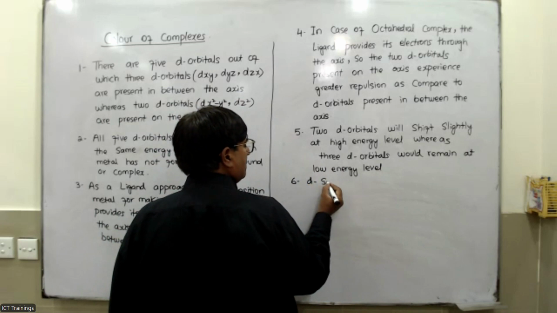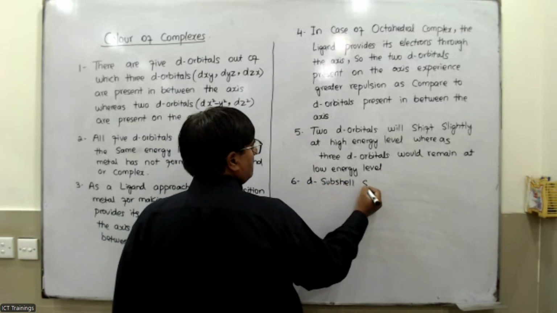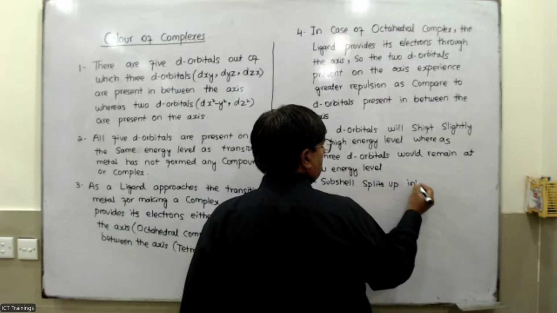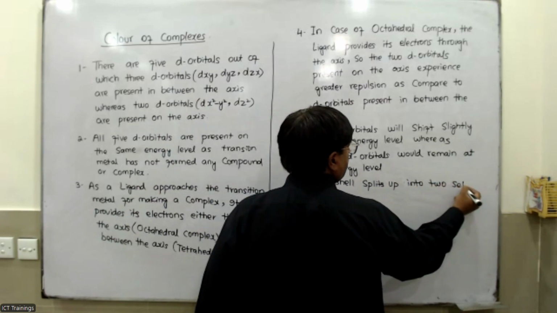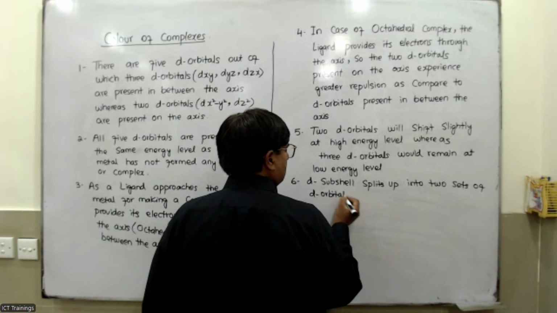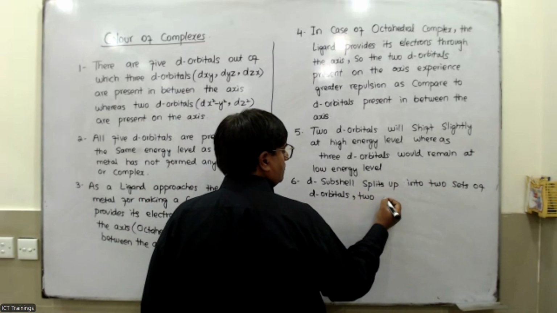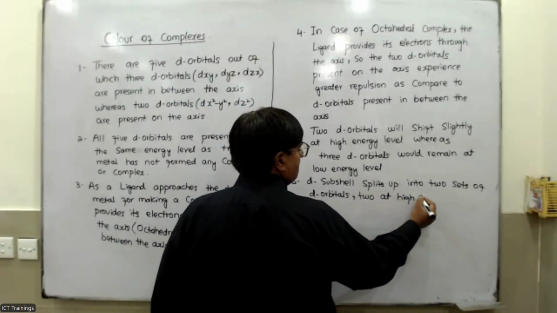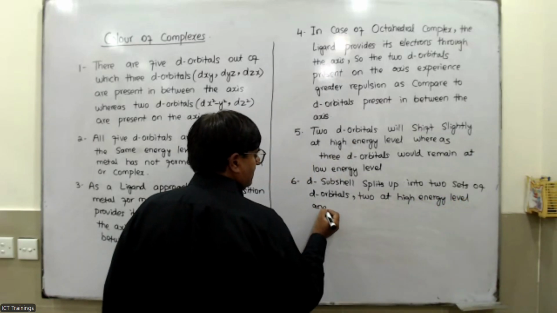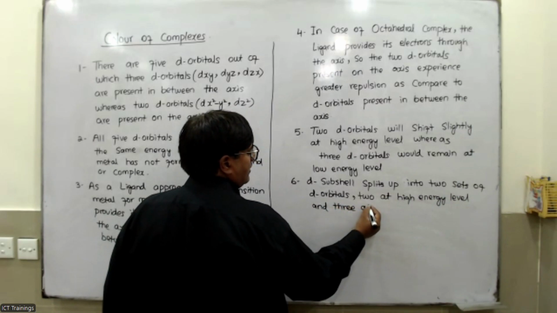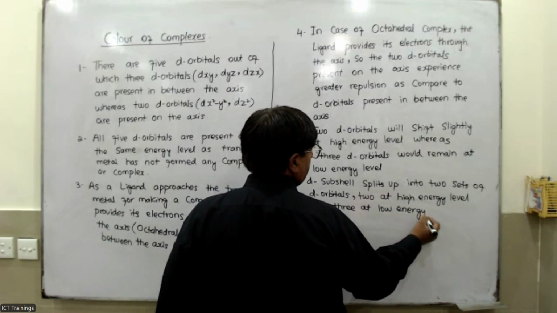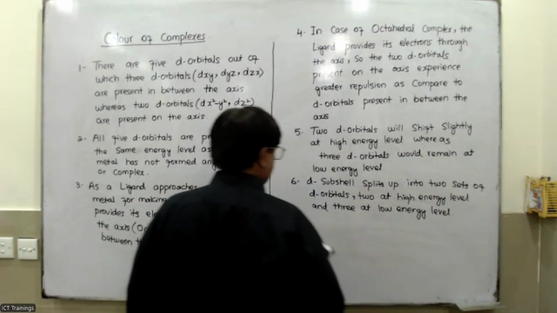So the d subshell splits up into two sets of d orbitals, two at high energy level and three at low energy level.